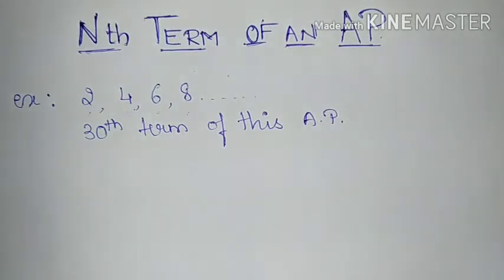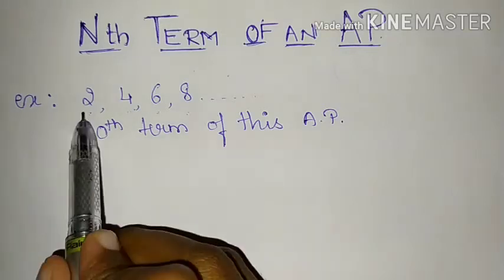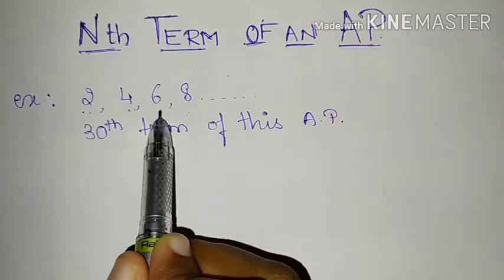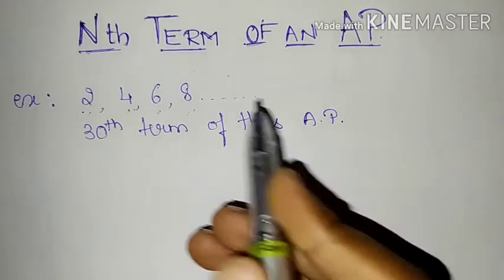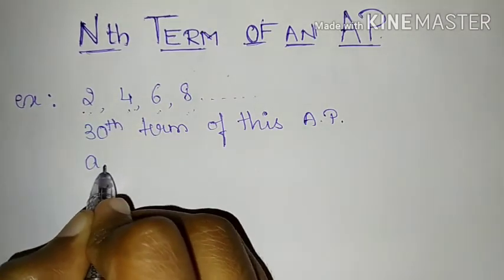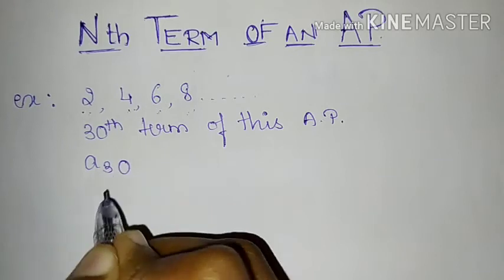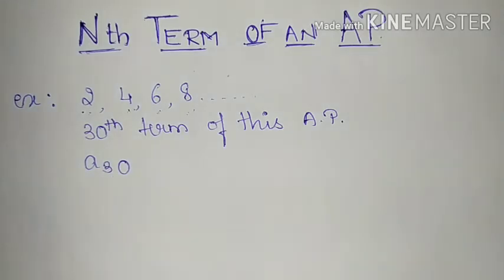According to the traditional method, we know a1, we know a2, we know a3, we know a4, and like that we have to find a30. So you will have to go on adding 2 to every term you obtain, like 8, 10, 12, 14, but that is a lengthy process, right?